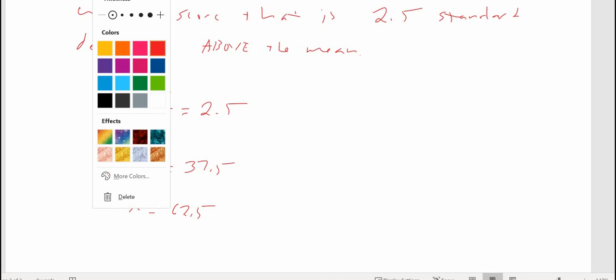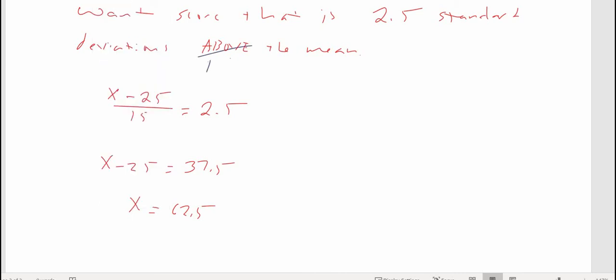Now, let's alter this question. Instead of above, what if we want it below the mean? What score is 2.5 standard deviations below? Well, we would set it up the same way. We'd have x minus 25 all over 15. But since it's below the mean, that would be a negative 2.5.